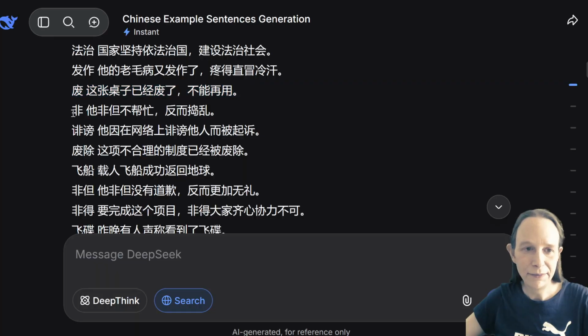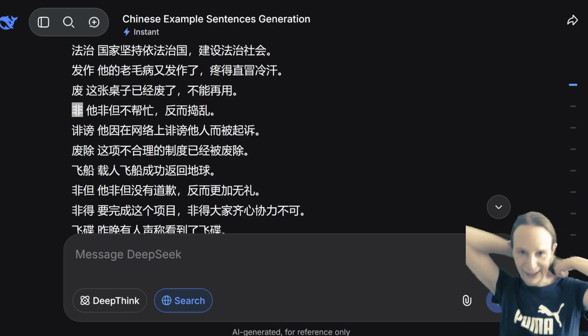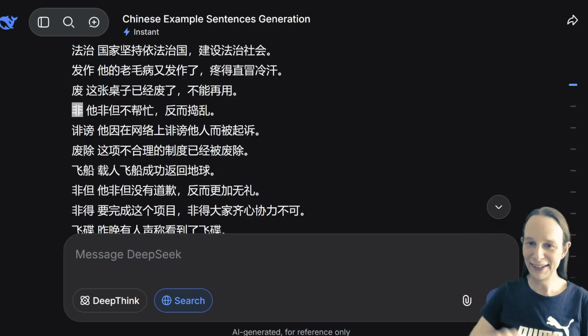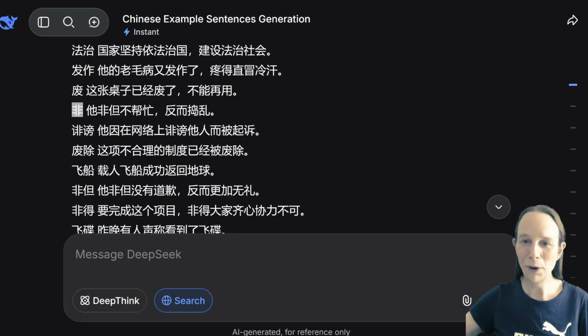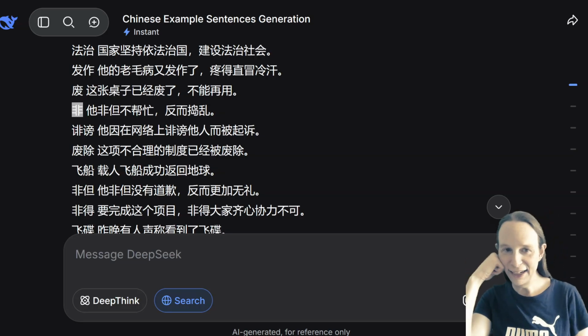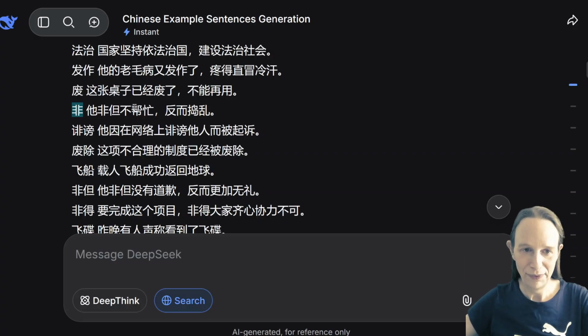Let us continue. 非, well, as it's often used as a suffix meaning non or un, a negation suffix. It's used in words like 非但, 非但, 不帮忙反而捣乱.